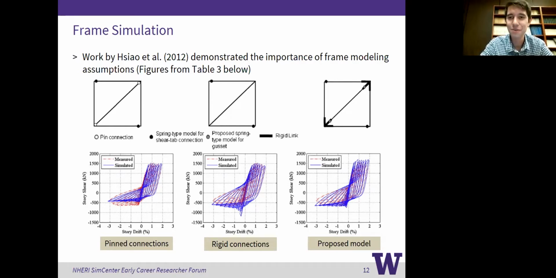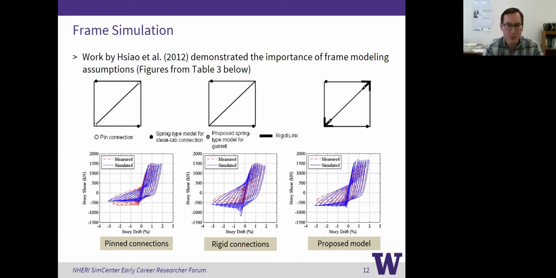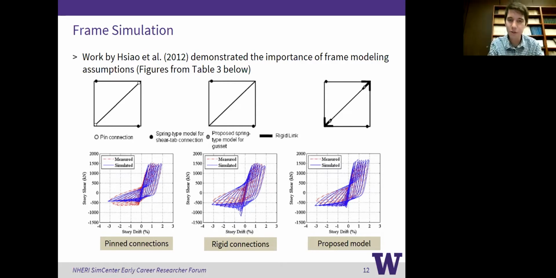Okay, and then what properties do you recommend for the rigid elements at the gusset plate locations, and what element type do you suggest? Yeah, so in my experience, what I found works well is to use elastic beam column elements.